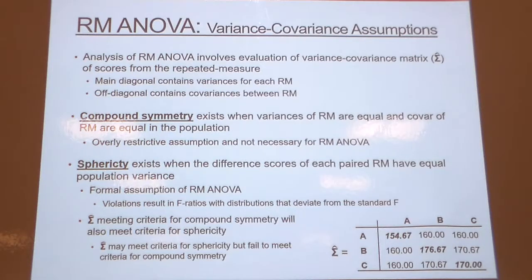So, if we have variance covariance matrices that meet compound symmetry, they're also going to meet sphericity. Okay, so if we've got this, this is going to be fine. But if I've got a variance covariance matrix that meets criteria for sphericity, it doesn't necessarily meet compound symmetry. It might not.